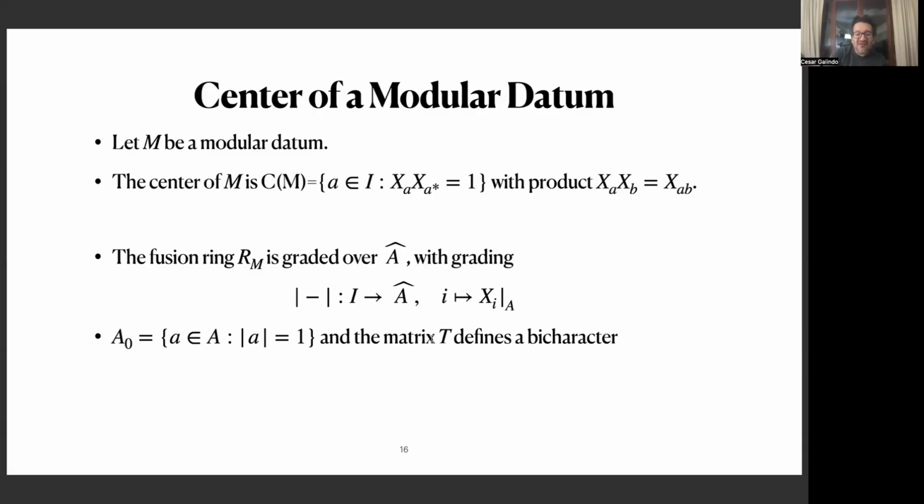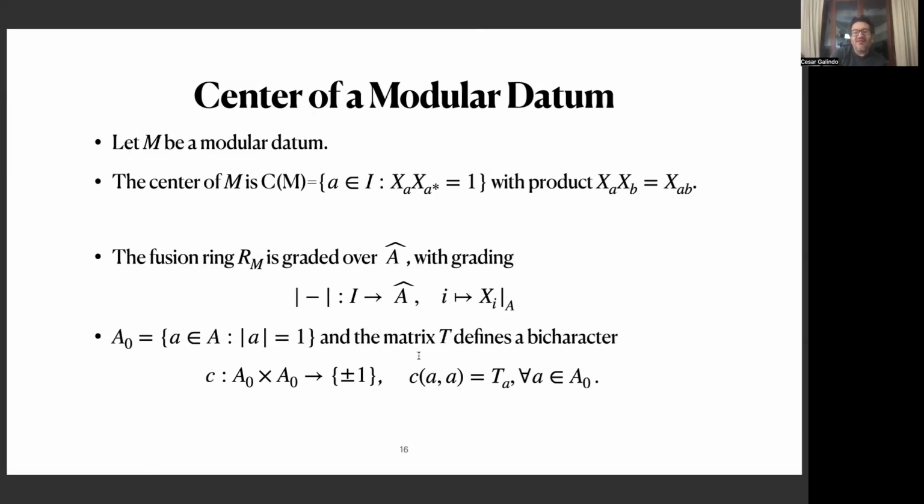This is something that happens in the general theory of modular categories: for the T matrix, there always exists a bicharacter that takes values only in 1 and -1 and satisfies the condition that comes from the trace, or from C of AA.